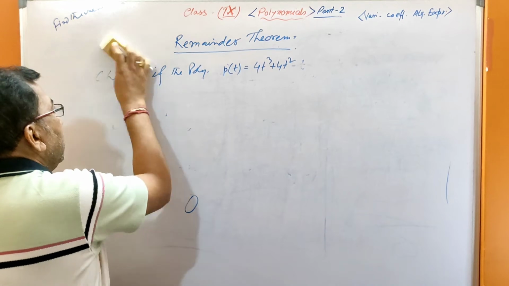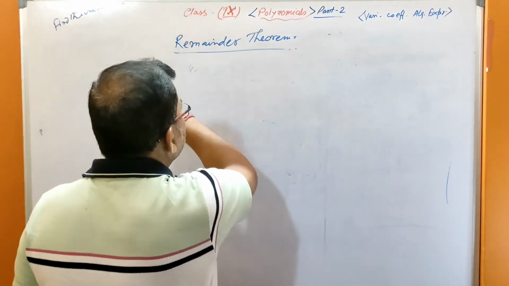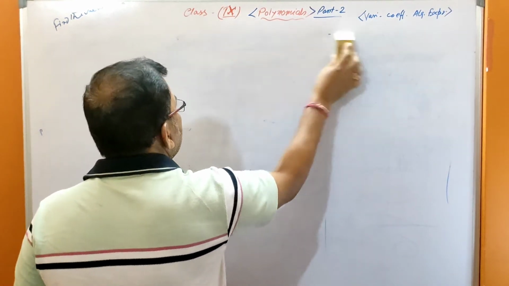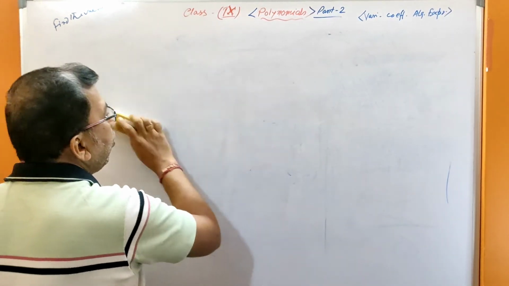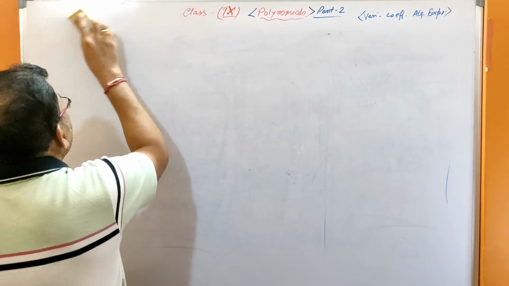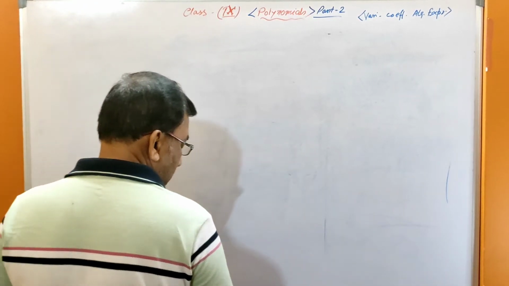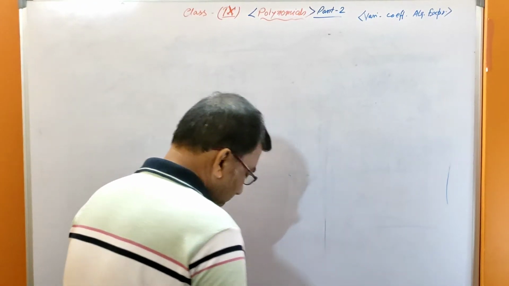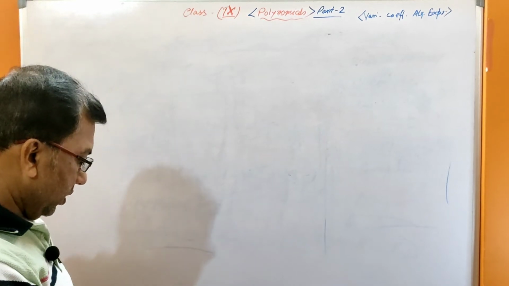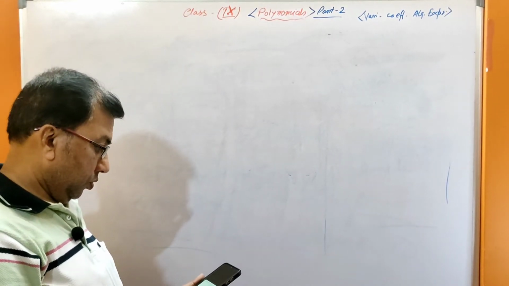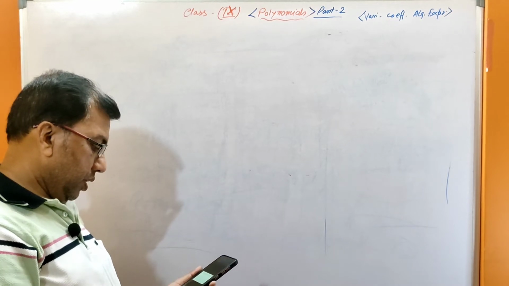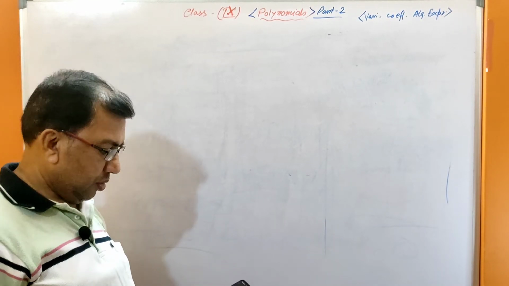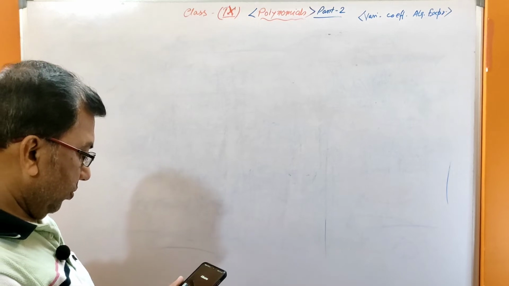Next, factor theorem. Now the factor theorem is nothing else. Factor theorem, factor by grouping, so many things. You have to do the factor theorem by grouping, all these things. Find the value of, okay, all these things you have done.